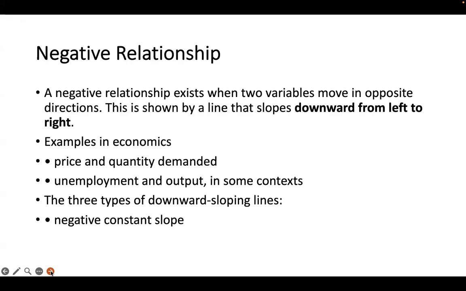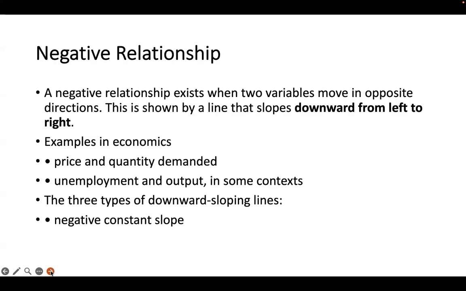The common examples in economics is price and quantity demanded. When price of goods falls, the quantity demanded rises because consumers are rational. And also unemployment and output. When there's more unemployment in the economy, productivity or output also reduces in some cases.